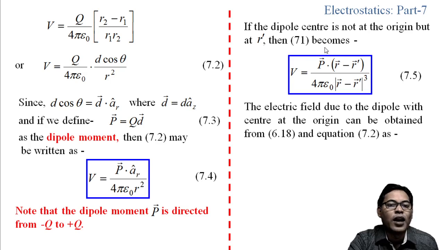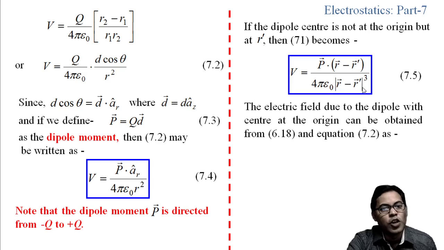So V can be represented as p dot (ar by r square, meaning r by r cube). And r can be written as r minus r prime because it is not at the origin of the coordinate system. So V equals p dot (r minus r prime) by 4 pi epsilon naught mod of (r minus r prime) cube. This is the generalized expression of potential V.